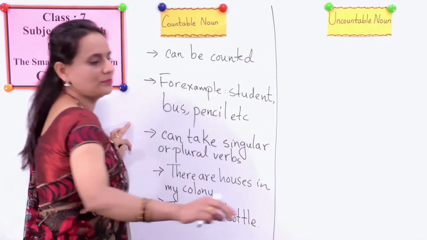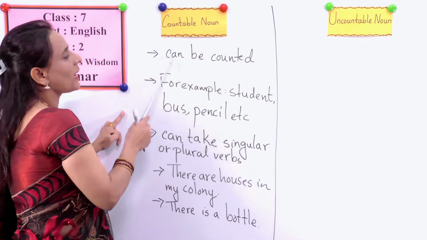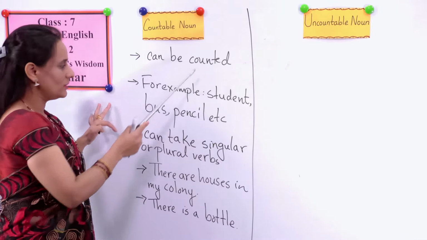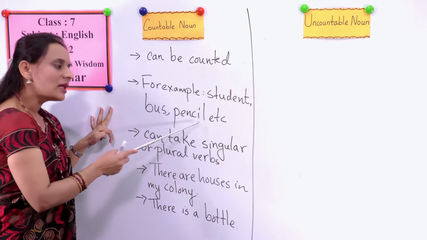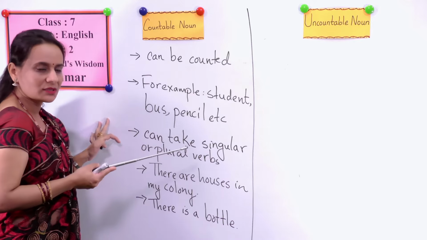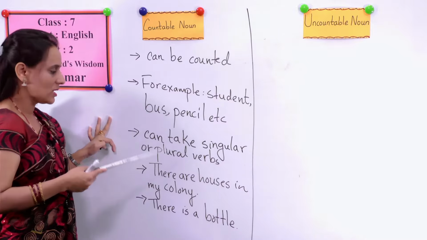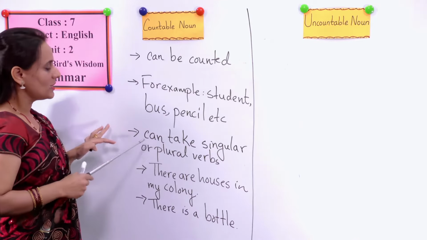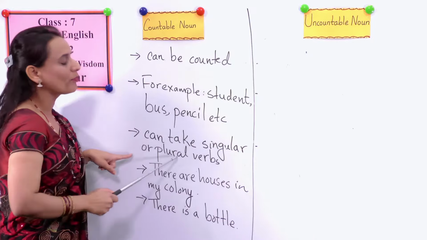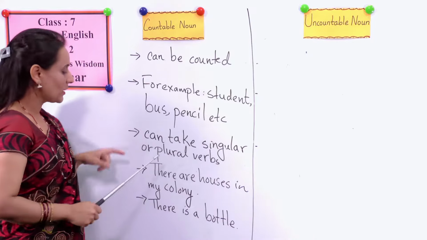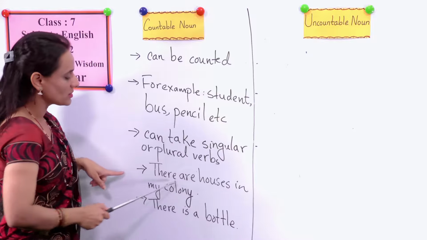Now see here, it can be counted, we have already told. For example, student, bus, pencil, etc. There are so many countable nouns. And the main part is that a countable noun can take singular or plural verbs. There are many houses in my colony.